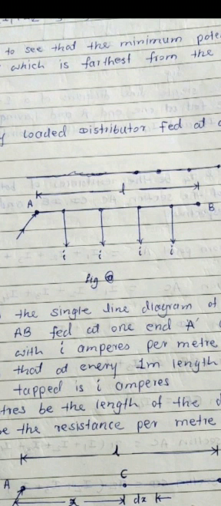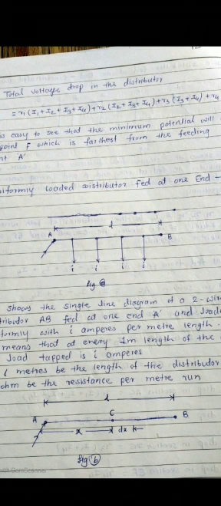It means that at every 1 meter length of the distributor, the current tapped is small i amperes. So the distance or length is equal, and every 1 meter the current small i is tapped, which is nothing but the uniformly loaded.